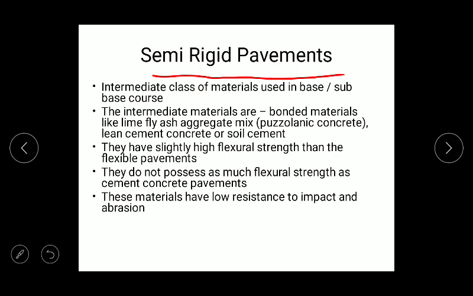Fourth point, they do not possess as much flexural strength as cement concrete pavements. As I mentioned, semi-rigid pavements lie between flexible pavement and rigid pavement. And last point, the materials used in semi-rigid pavements have low resistance to impact and abrasion.